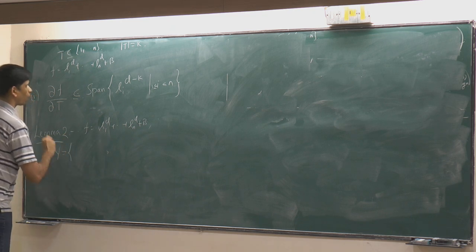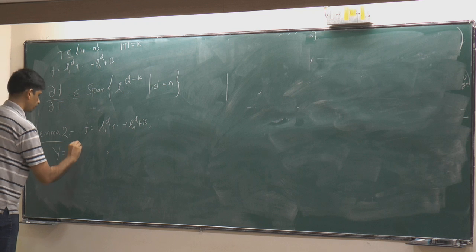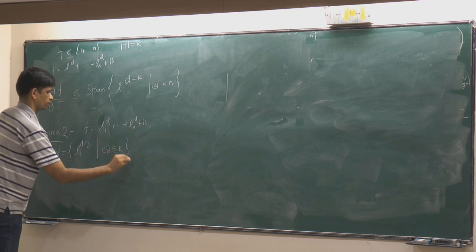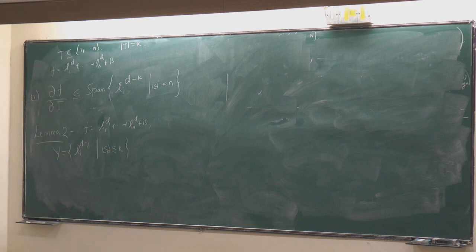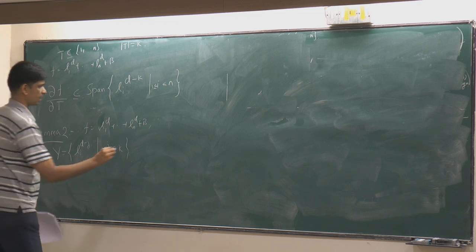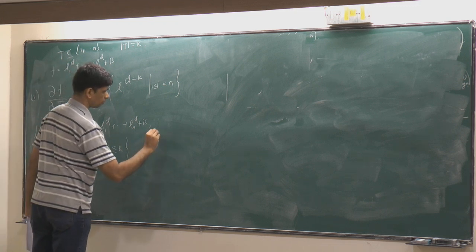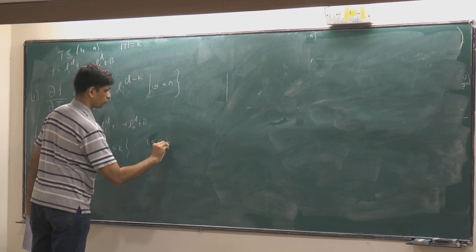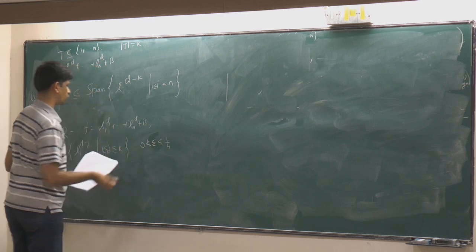Let's say y is the set of all powers of the form Li to d minus j, where j is at most min of d and k, and let's have a value epsilon which is at most 1/4, a non-zero value.